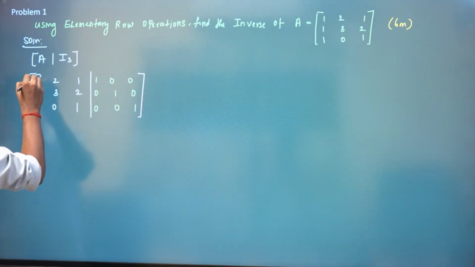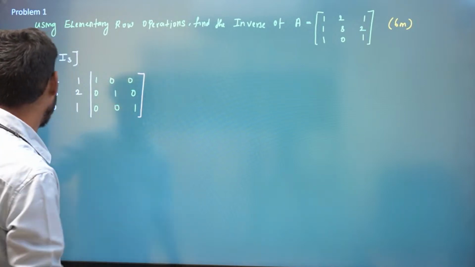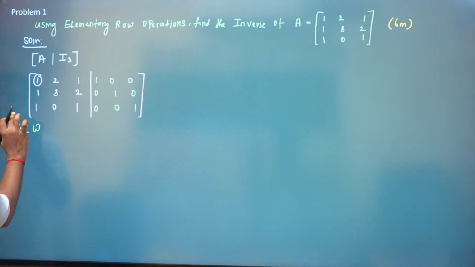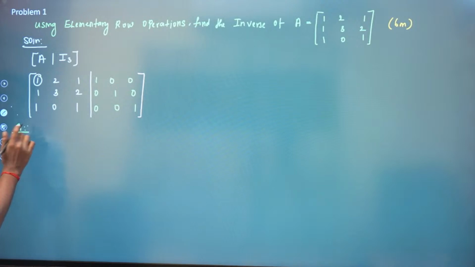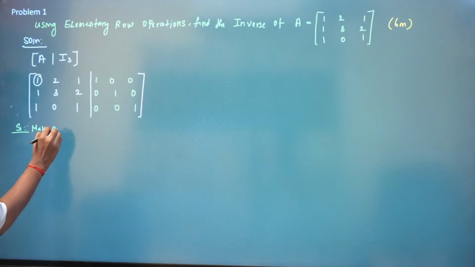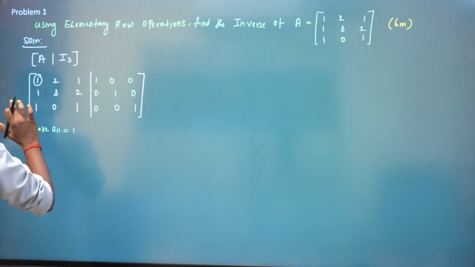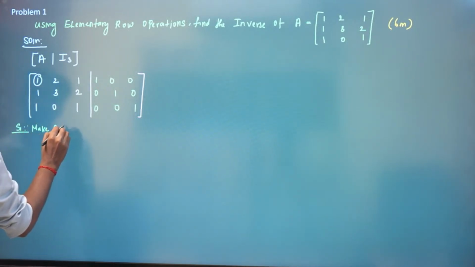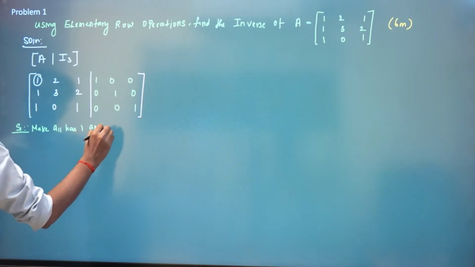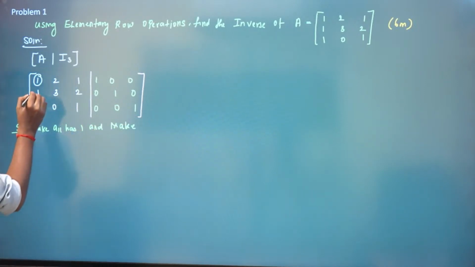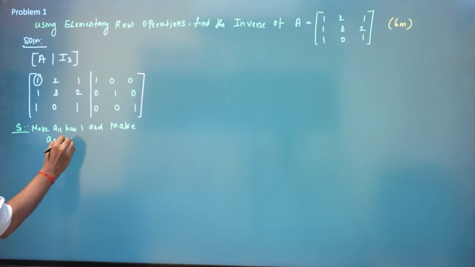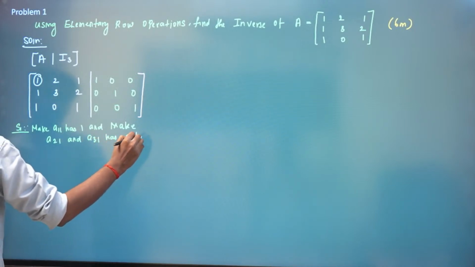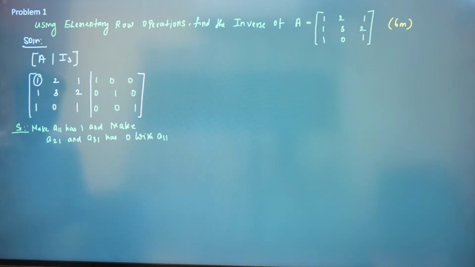So step one is make A11 equal to 1, and make A21 and A31 as 0 with the help of A11.